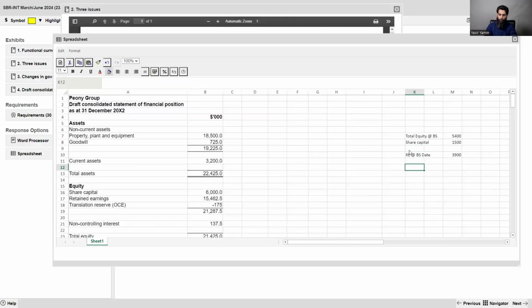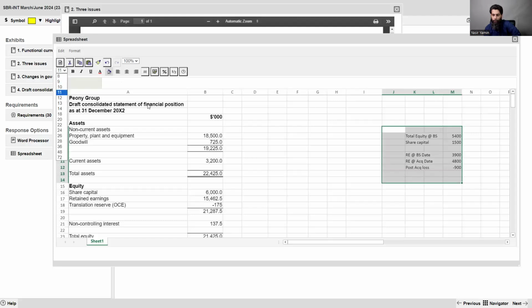And the difference between 3900 and the retained earnings at the acquisition date, which was 4800, is a difference of 900, which is the post-acquisition loss for the year. Everybody understood? Is this clear to everyone?